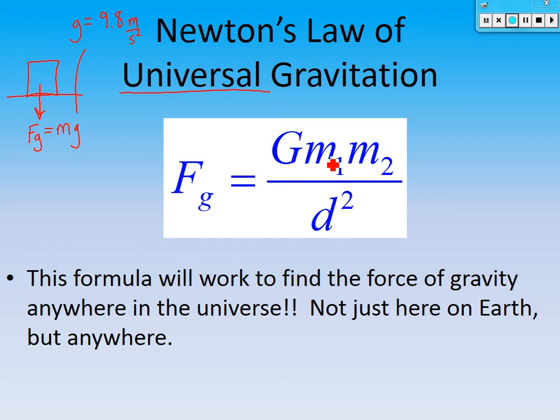If you've got the mass of one object, the mass of the other object, and the distance between those two objects, there's a gravitational field between them, and we can figure out the force that is there. Again, it's just another way of calculating the force of gravity, as long as we know the mass of object one, the mass of object two, and the distance between them. Let's get started, and we'll show you how this works.